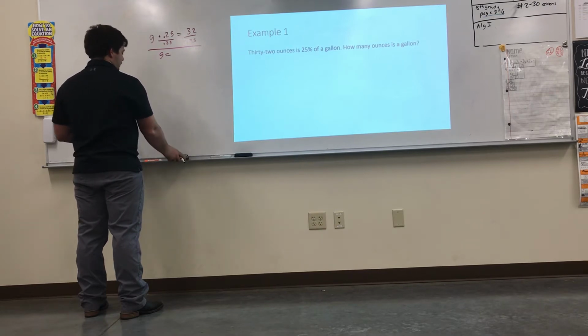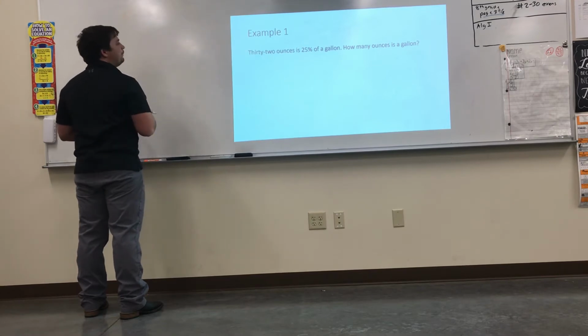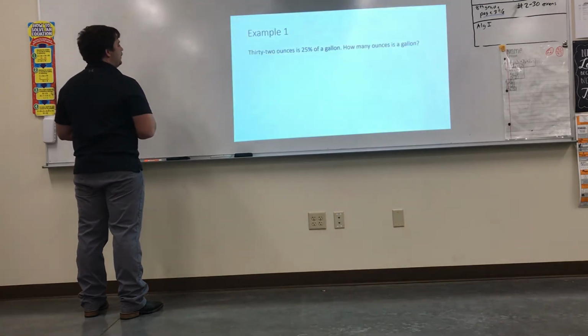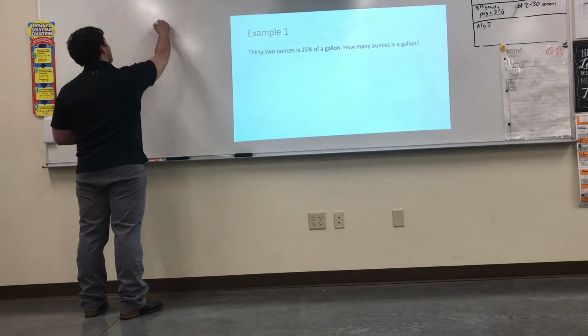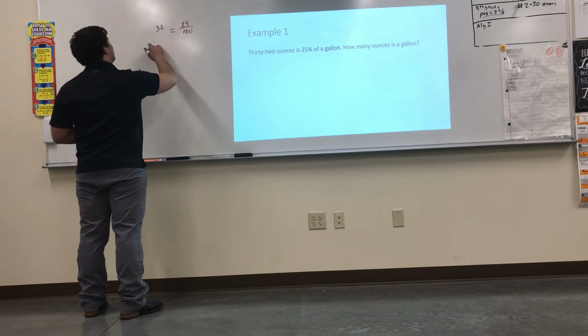That doesn't do what I want it to do. Alright, so we're going to switch that. I thought we could do it based off of the words. Not so lucky. Alright, so let's do it the old-fashioned way. So 32 is going to be 25%. Both of my parts are on top.